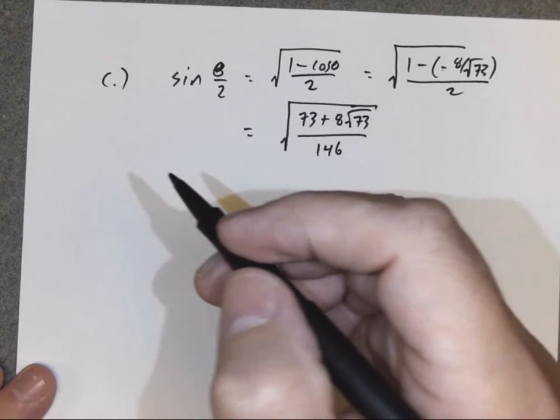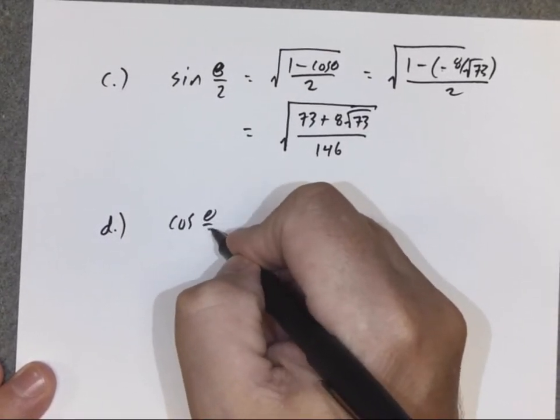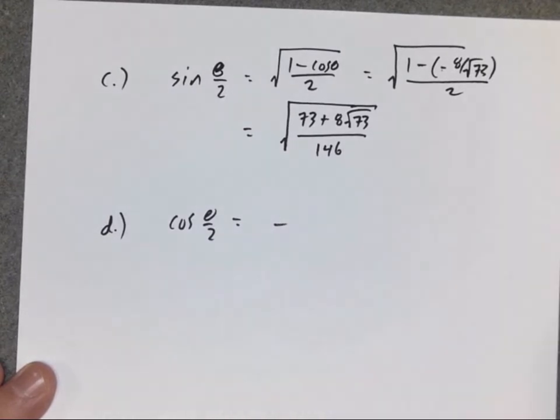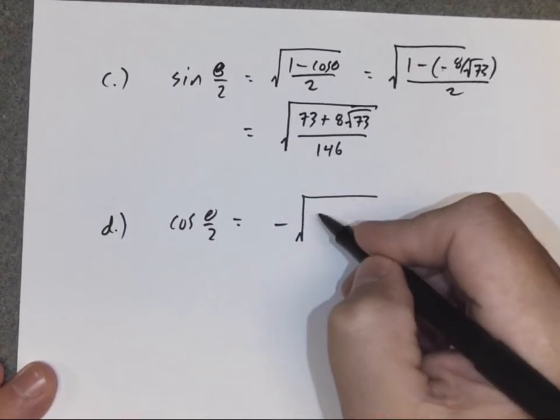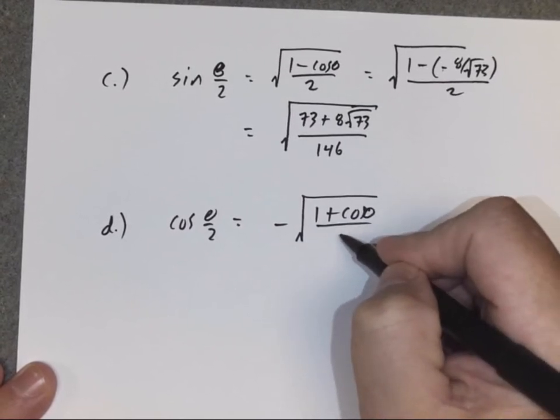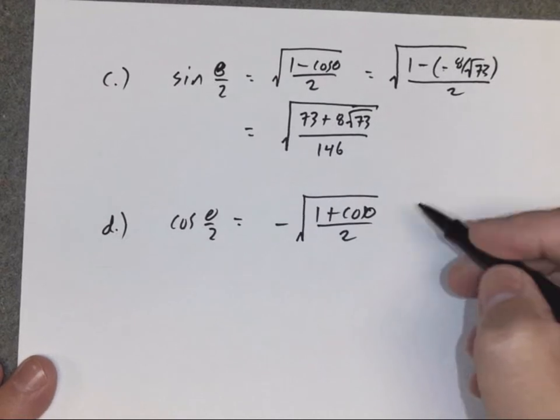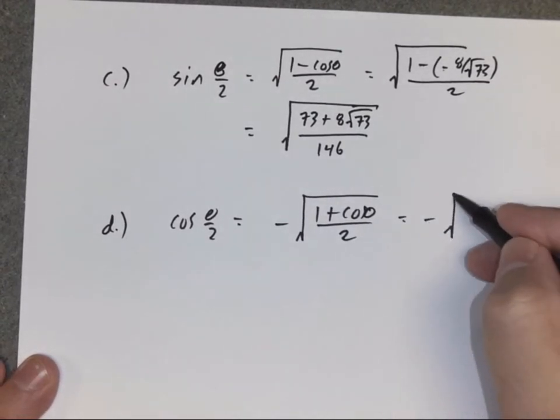And therefore what I said is true about cosine theta over 2. We know it's going to be negative, but the equation is this. And now it is going to look the same as this inside here, except it's going to be different inside. So the negative is still out front.